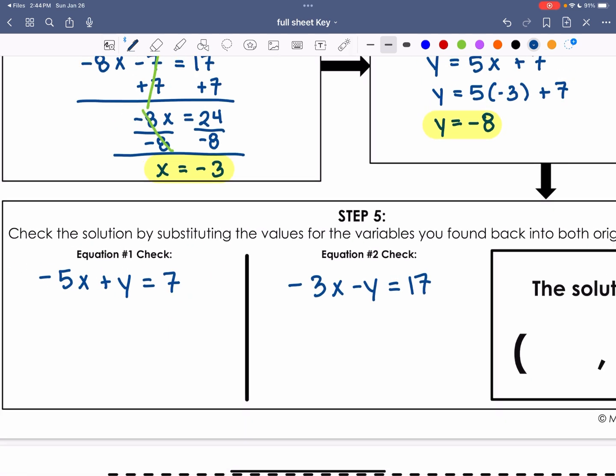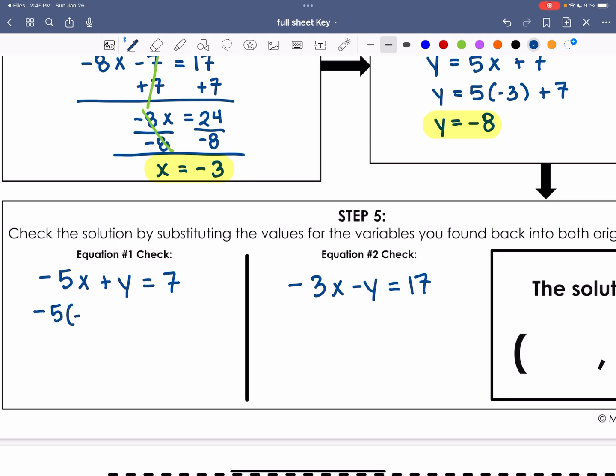So just like before, we will substitute what we think x and y equal. So everywhere there is an x, we will replace it with negative 3. Everywhere there is a y, we will replace it with negative 8. And we will make sure that after substituting this in, we are left with equations that make true statements.